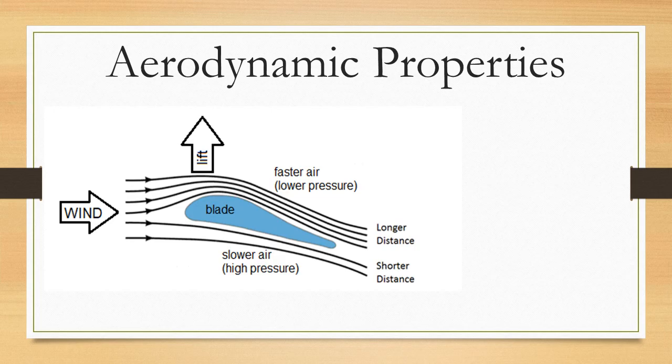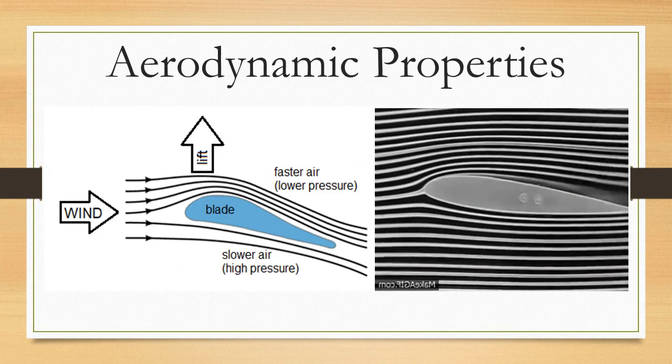Now, above the blade, the air is moving faster, right? And it's creating lower pressure. The wind below the blade is moving slower, and it's applying pressure. It's high pressure being applied to the blade, pushing that blade. And as that slower air, or that high pressure, pushes the blade, it creates lift.